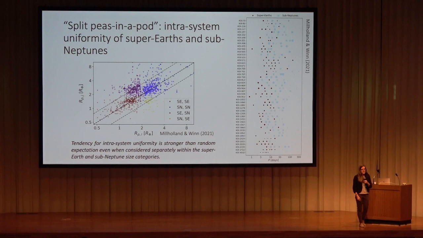So do you have any comment on such differences of orbital or physical properties between the CKS planets and RV planets, or CKS planets and TESS planets? CKS and TESS? CKS, RV, and TESS.